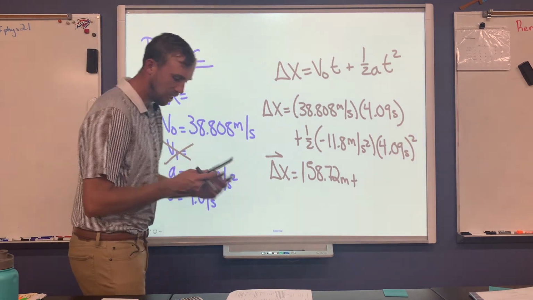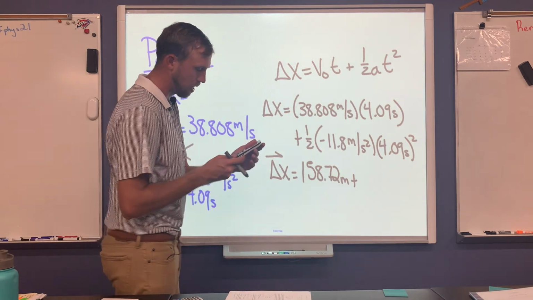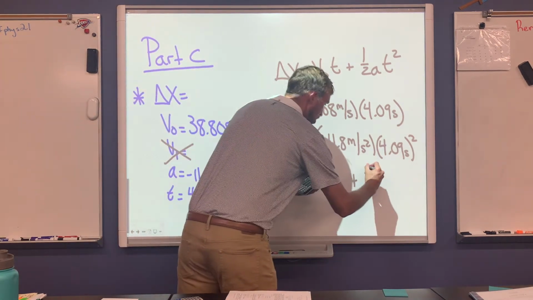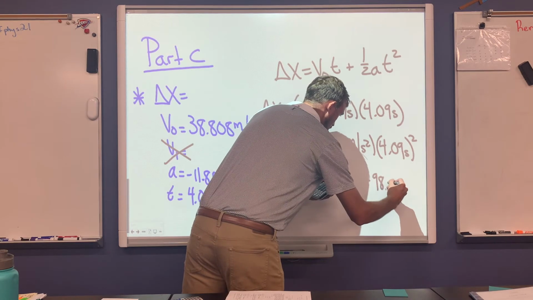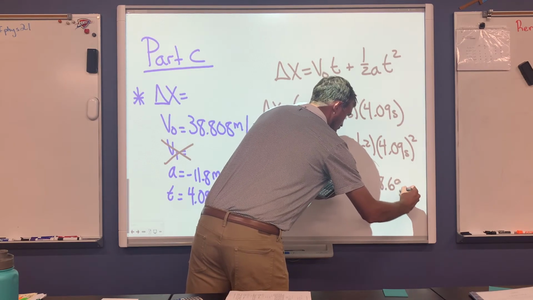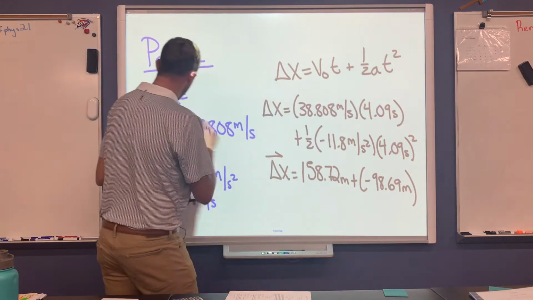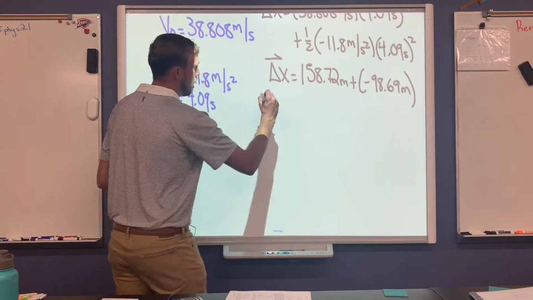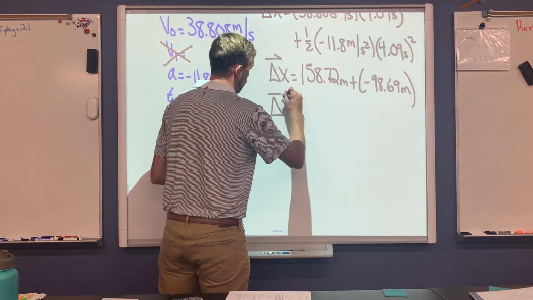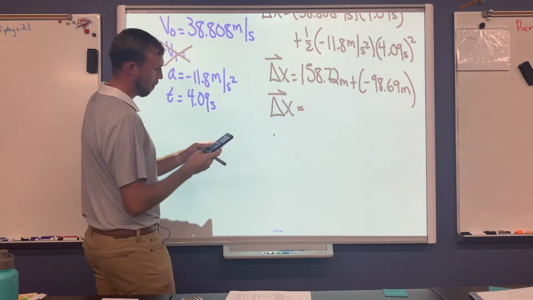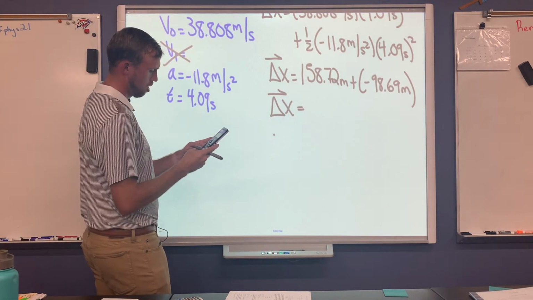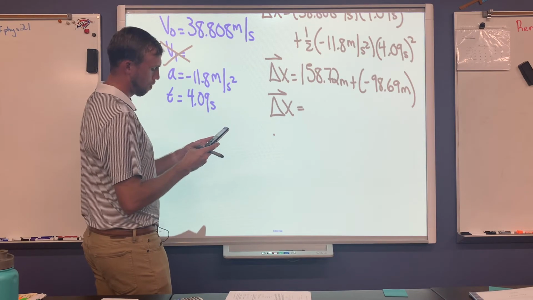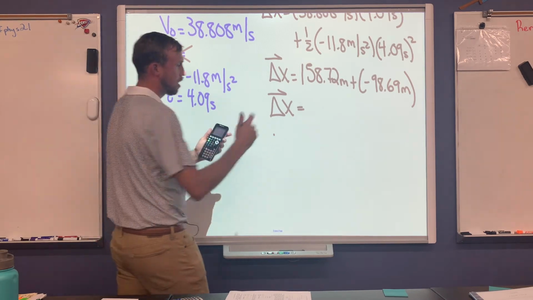And I get negative 98.69 meters. Okay, so now I can add those values together. And I get a delta x of 158.72 minus 98.69. I get 60.03.